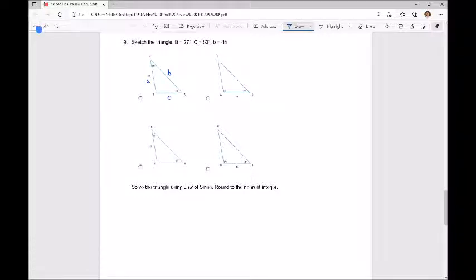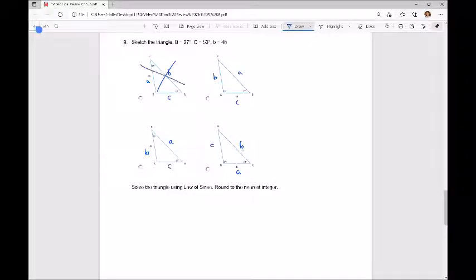So it might help us to go through and label all of these really quickly. So let's see, on this one, this would be B, this would be A, and this would be C. This would be B, A, and C, and this would be A, B, and C. So we're looking for the triangle with angle B equal to 27. So right away, I can knock out a few of these.